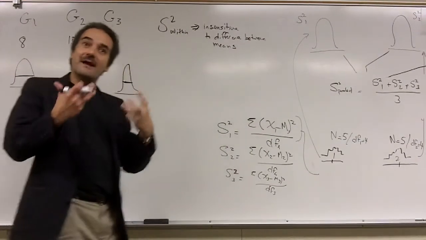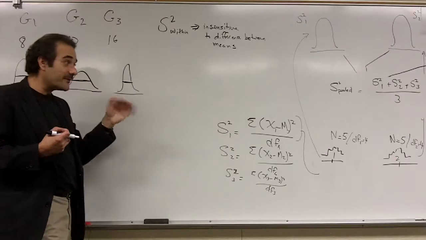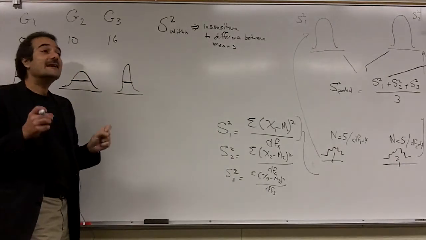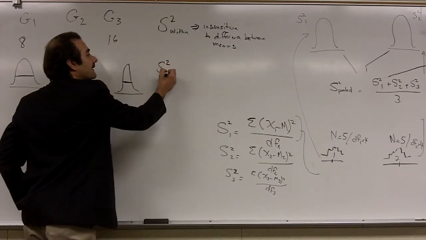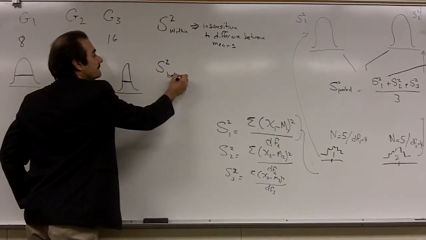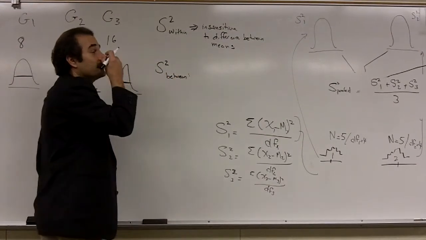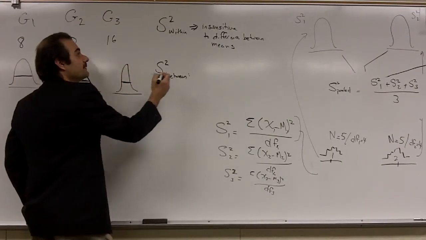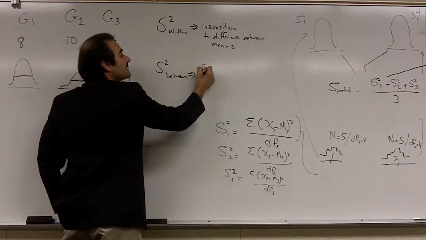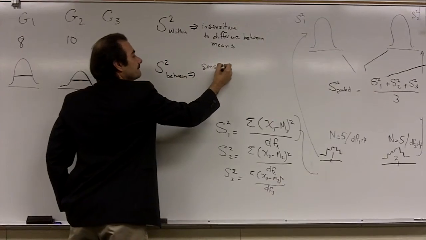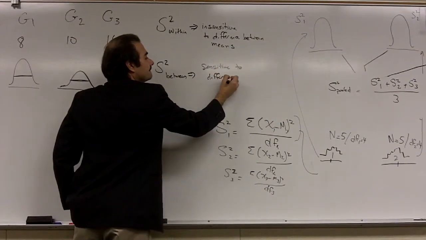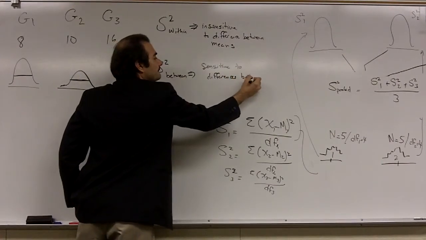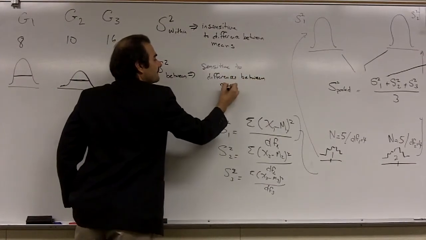He came up with a way to calculate variance, different from this way of calculating it, that is sensitive to differences between means. He called it S squared between. And as I said, S squared between is sensitive to differences between means.